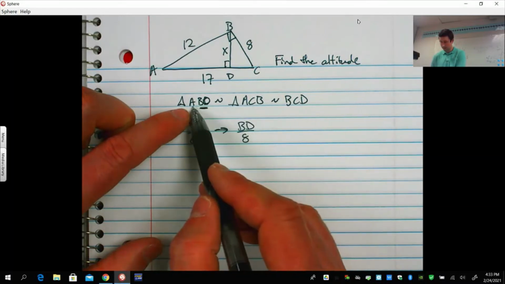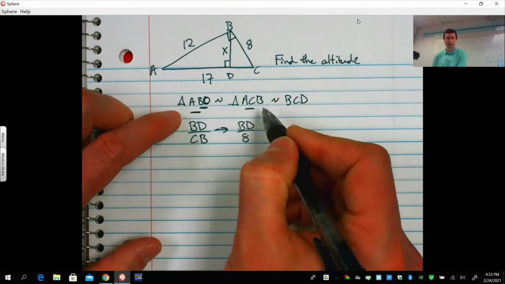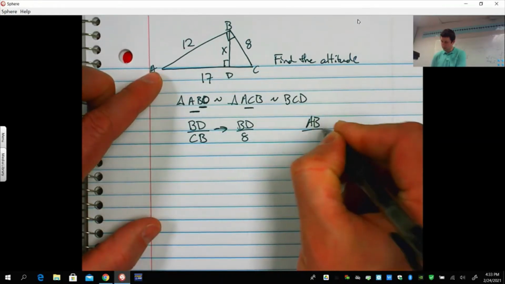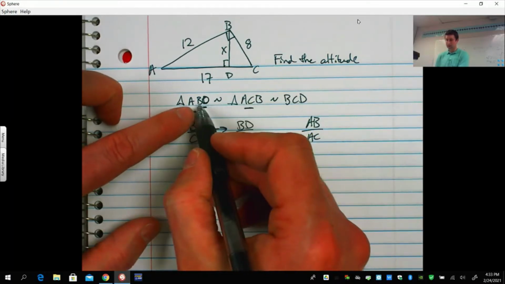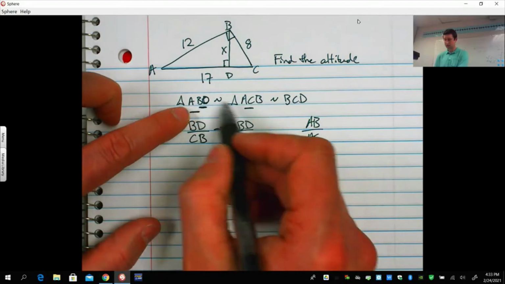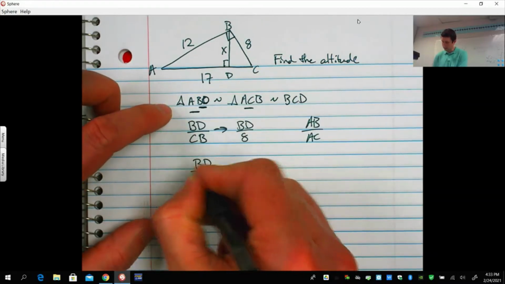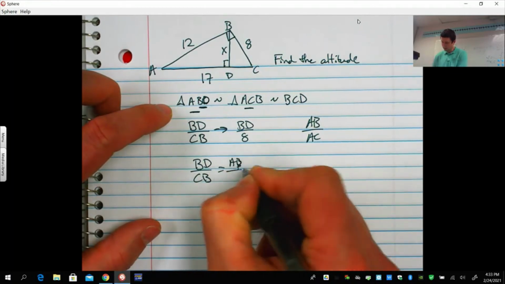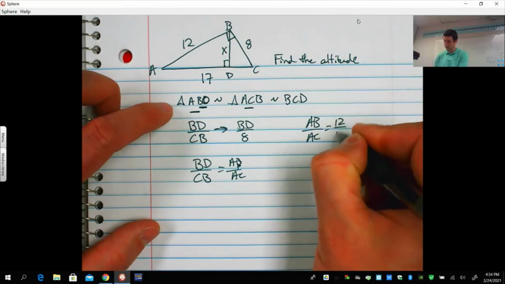You see how AB corresponds to AC? So AB is 12 over AC. So BD over CB has to equal AB over AC. There's our formula. So AB over AC is 12 over 17.